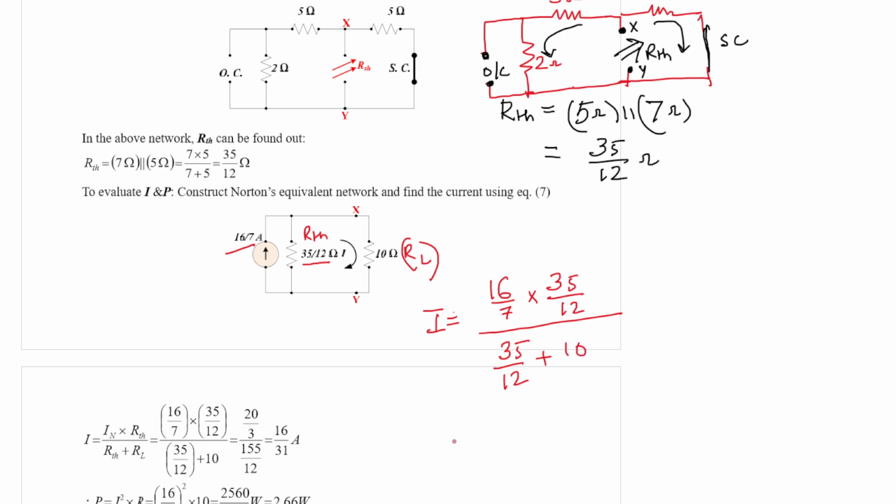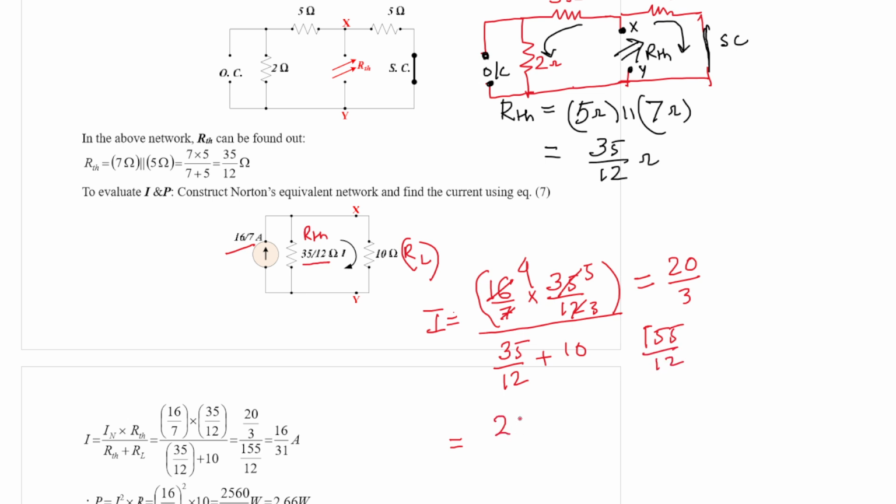If you solve, the numerator will become 20 by 3, and the denominator will become 155 by 12.